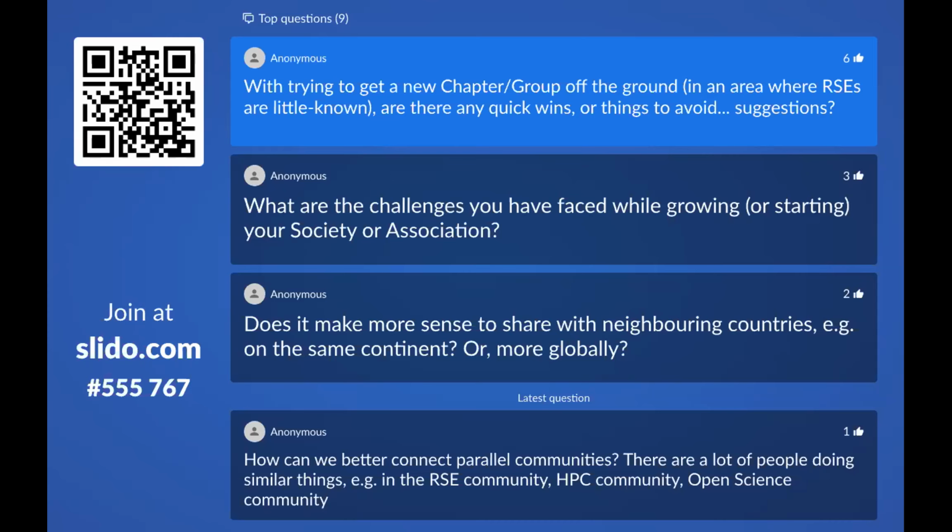By an RSE group, I mean an official group of people working in an RSE job in an institution. And one thing that helped convince people at our university that RSEs are actually needed.